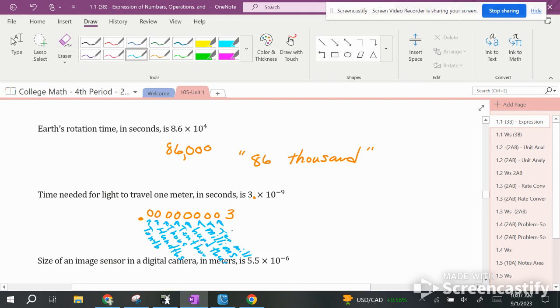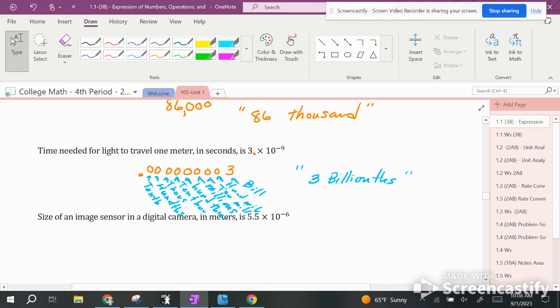Next one. 100 millionths. So it's that one. Billionths. So this would be written or said as 3 billionths of a second. 3 billionths. I don't say that number every day. That's kind of cool.